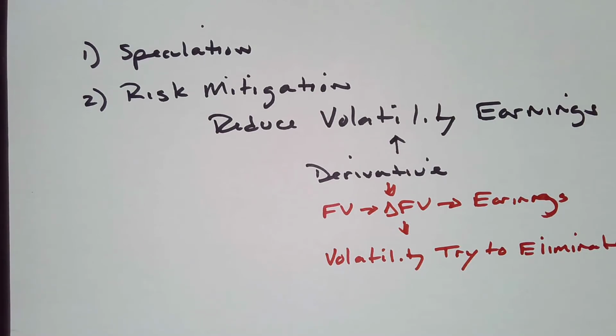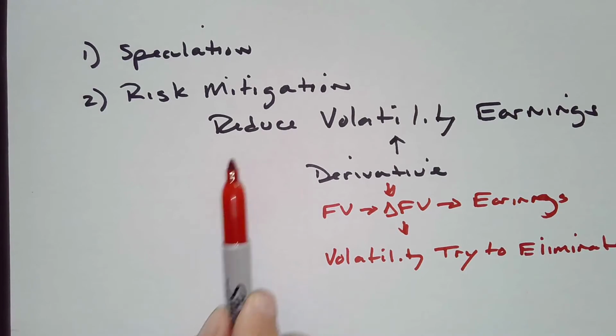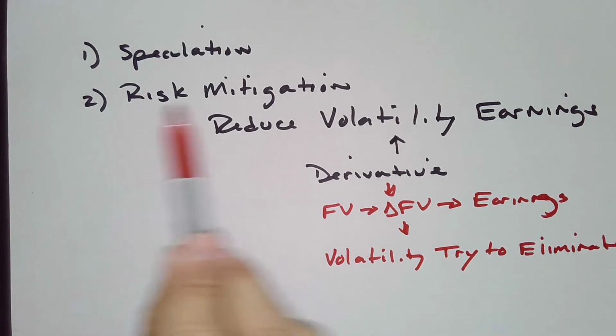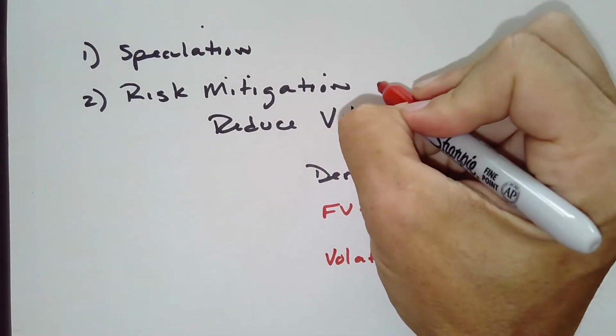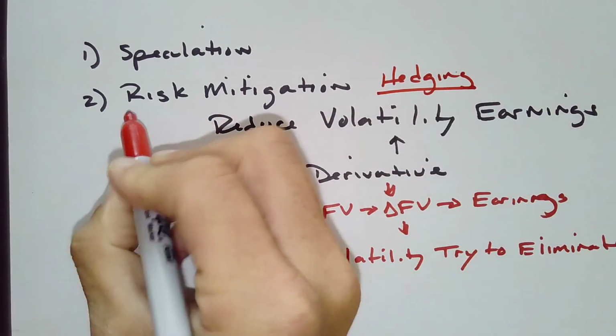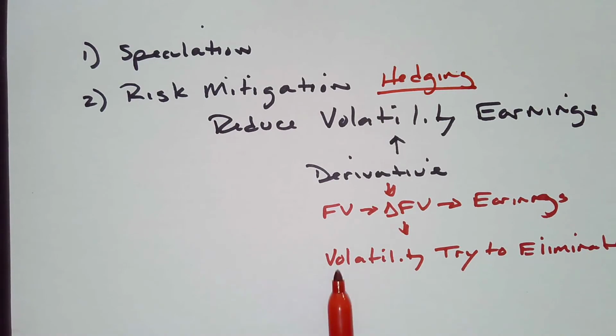So now, how does a company mitigate these uncontrollable risks with derivatives without creating volatility in their earnings? Because what they are doing here is hedging. This risk mitigation is hedging. But the accounting for derivatives is this.